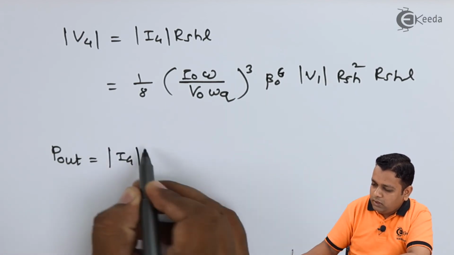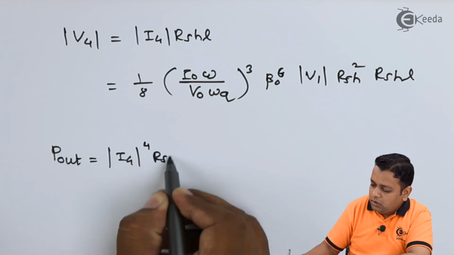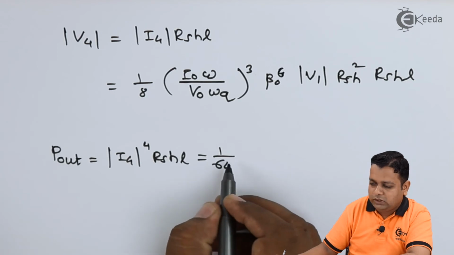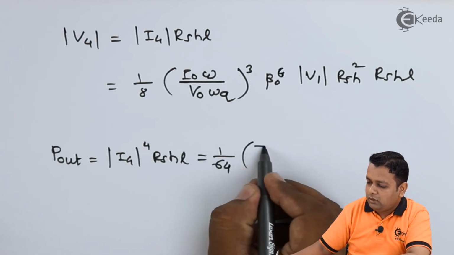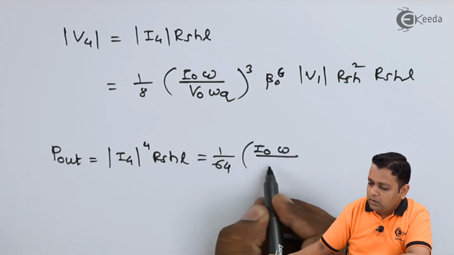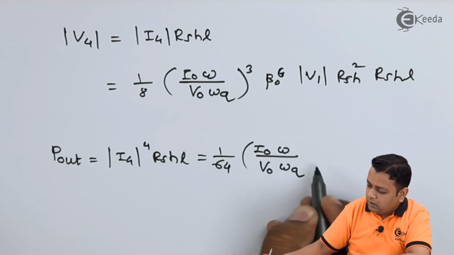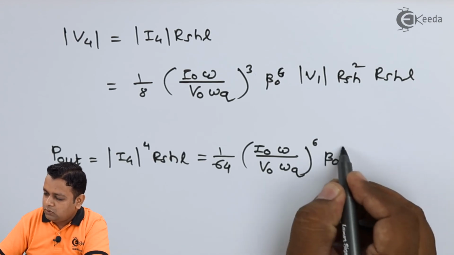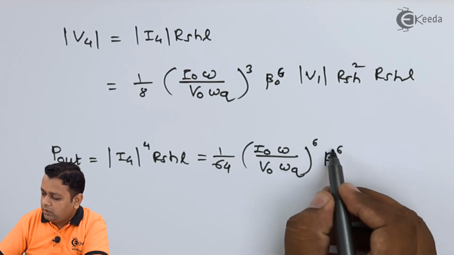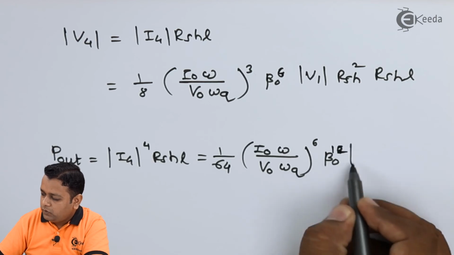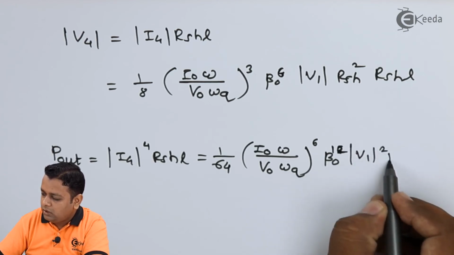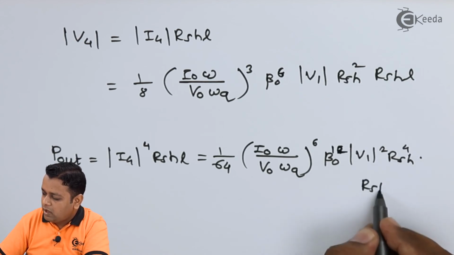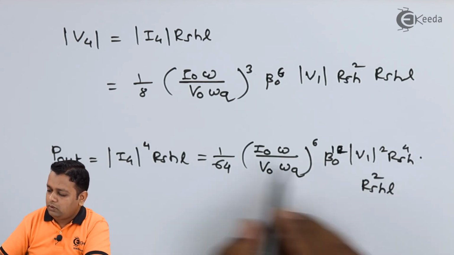Finally, the output power can be denoted by P out, and it will be mod of I4 squared into RSHL. So it will be 1/64 (I0 ω / V0 ωq) to the power 6, into β0 to the power 12, into mod V1 squared, into RSH to the power 4, into RSHL squared here.